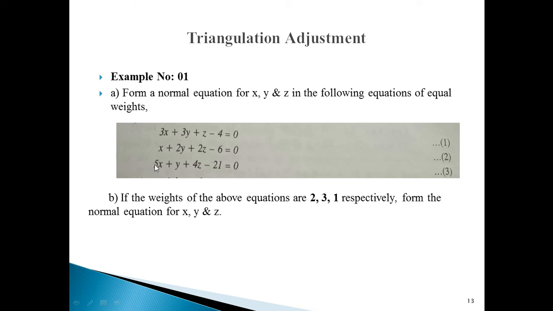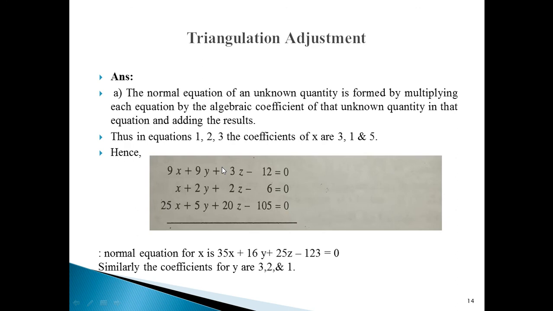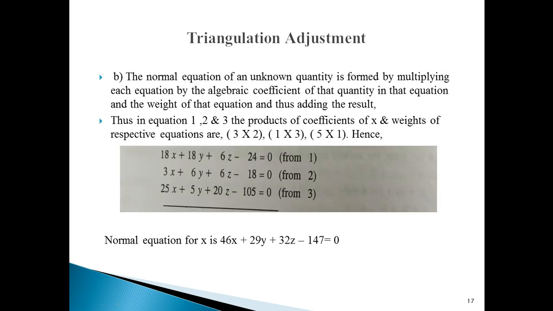Then the third equation: 5 into 5, 5 into 1, 5 into 4, 5 into 21. If we add these terms, it is 46x plus 29y plus 32z minus 147 equal to 0. So this is the normal equation for x with different weights.